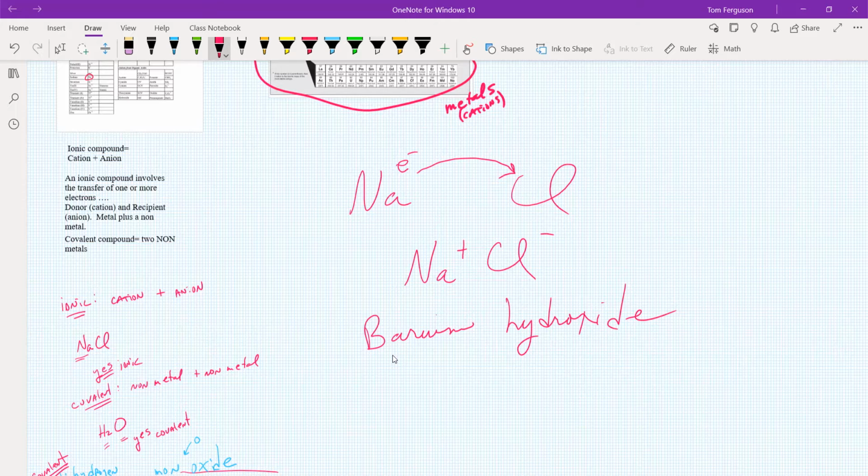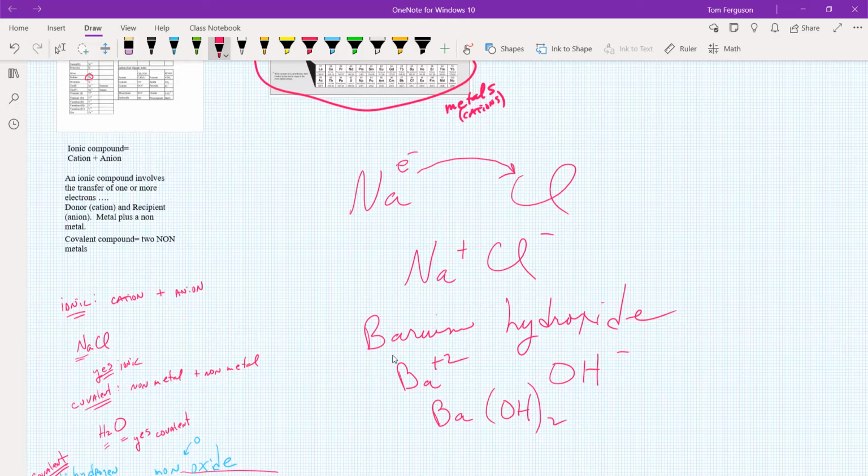Hydroxide is an anion. The charge on barium is +2. Charge on hydroxide is -1. So this is the hydroxide ion. Barium is +2, so those are not balanced. So we have to have 2 OHs to get us up to -2, so that's a net charge of 0. So the formula for barium hydroxide is that.